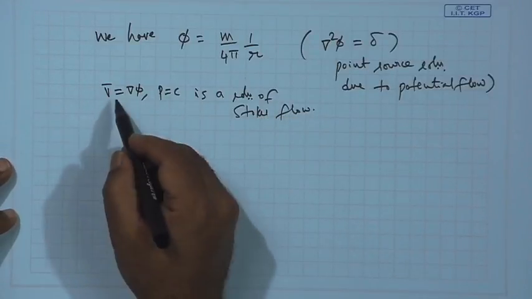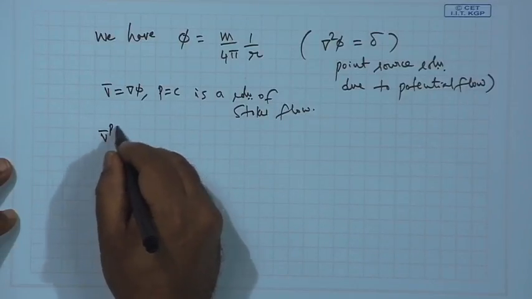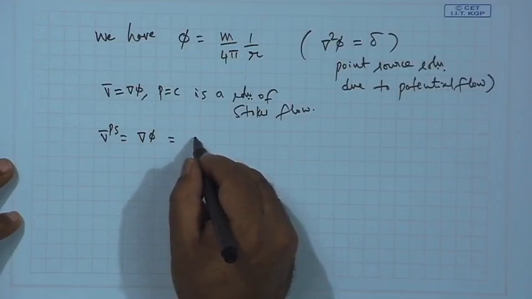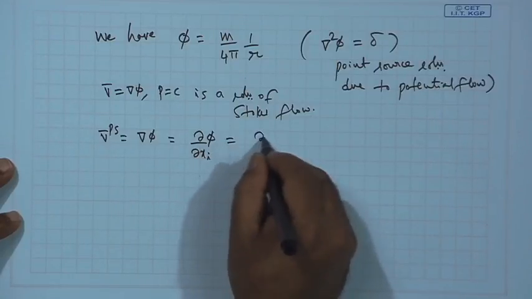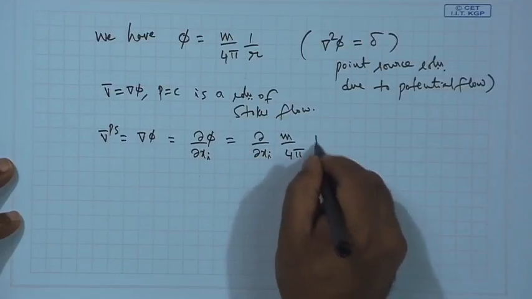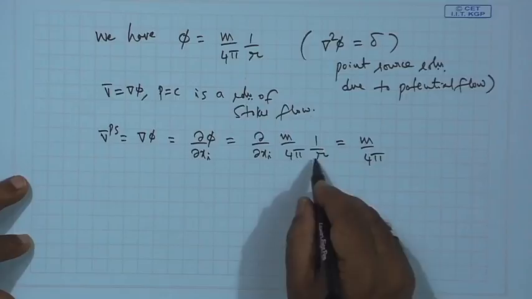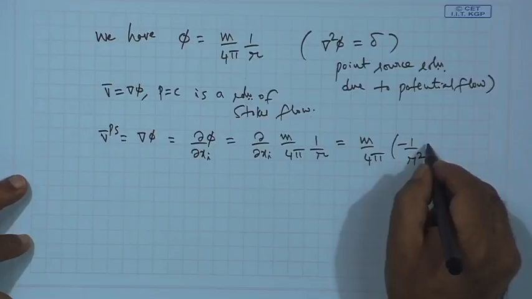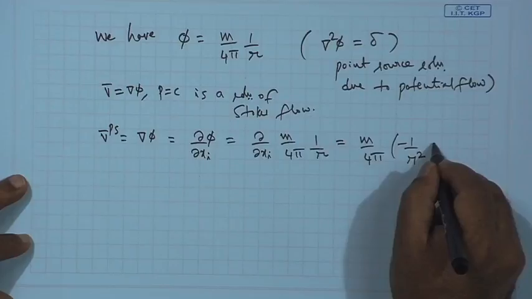Therefore, what will be the singular solution of Stokes flow? So, that is nothing but, in index notation, we get the derivative of r with respect to x i.